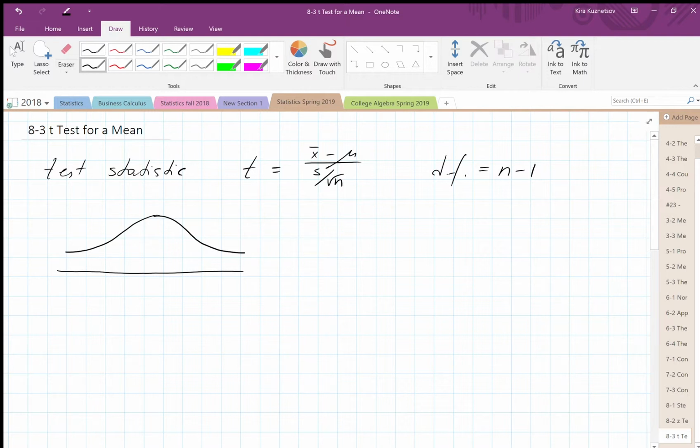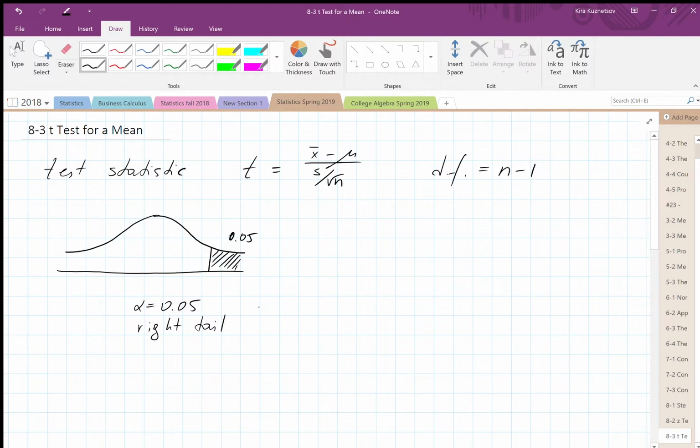In order for me to find the critical values in the t distribution, for example, alpha at 0.05, right tail, this is the picture.